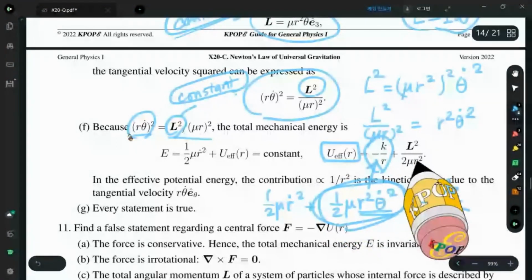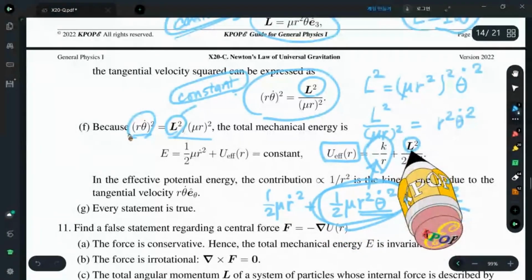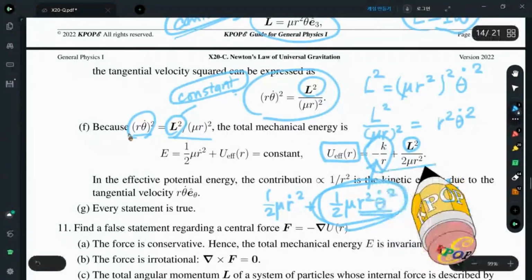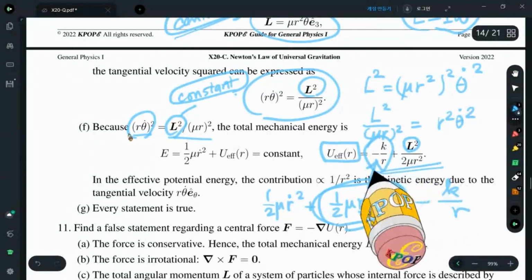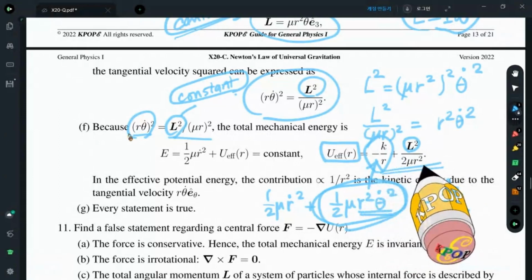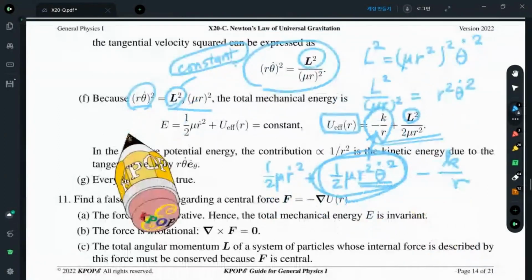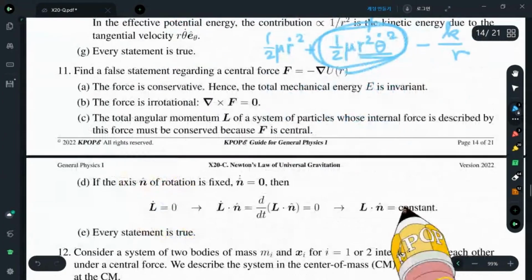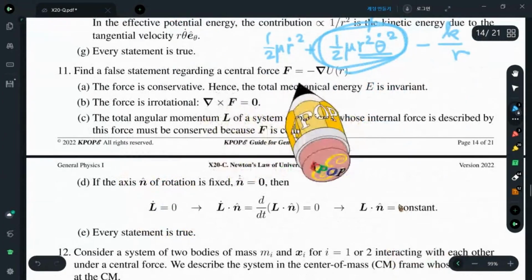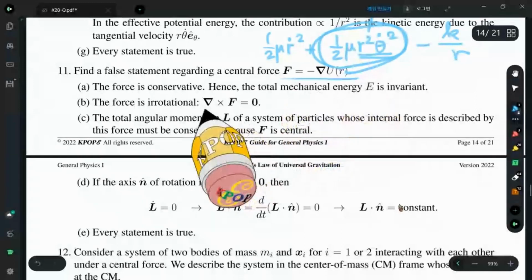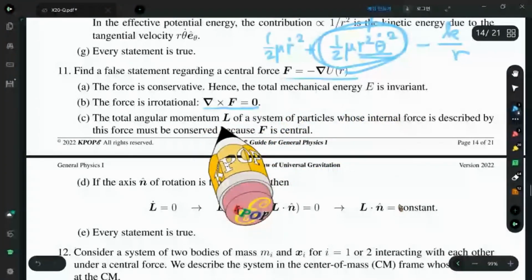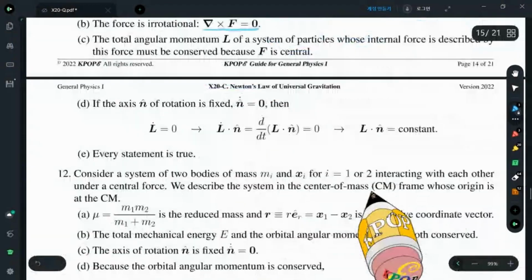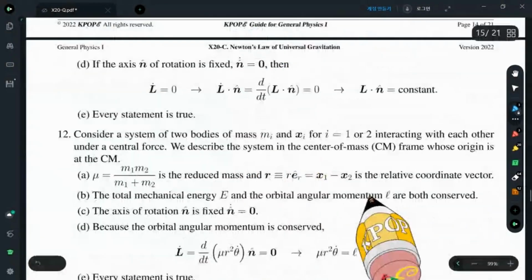The reason is that this orbital angular momentum squared is a constant of motion and does not have any time derivative. It is a single function of r. You remember the conservative force and the reason for the angular momentum conservation.